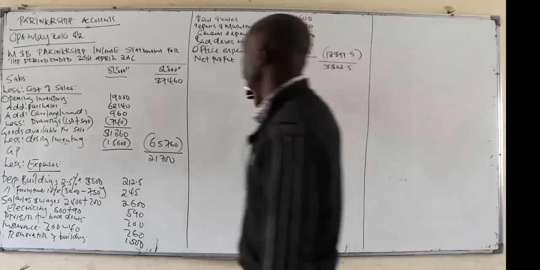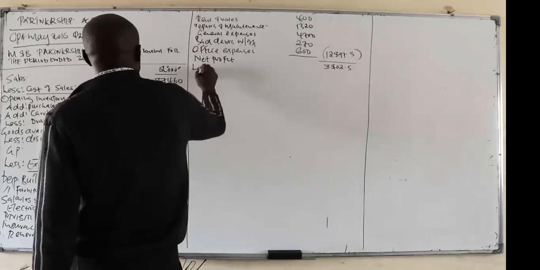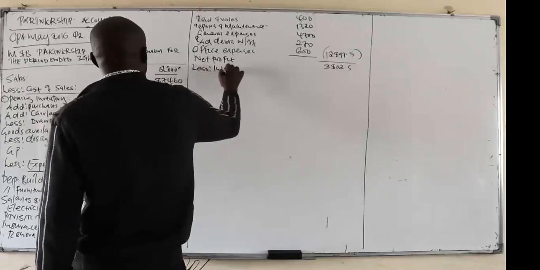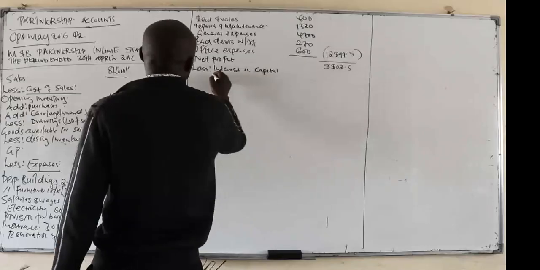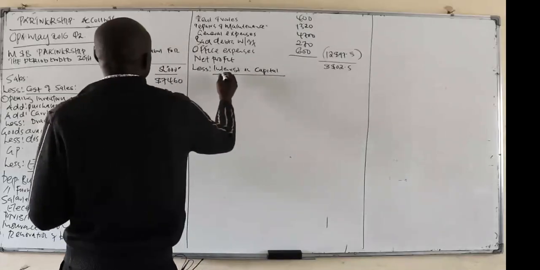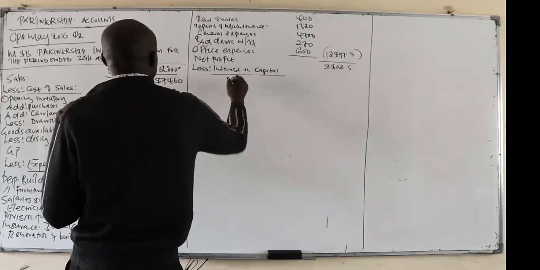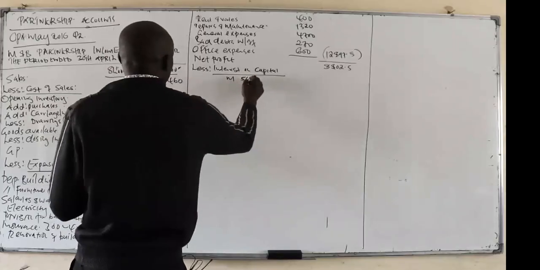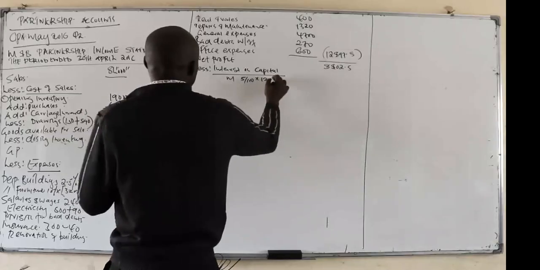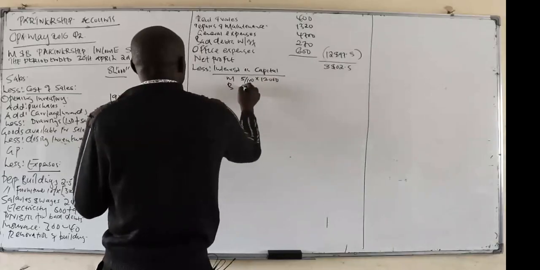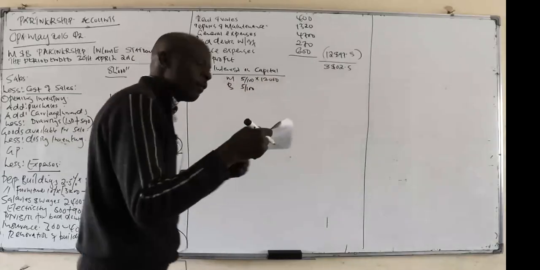So we less interest on capital. Who do we have? Maria, it is 5%, 5 over 100 times the capital of Maria, which is 12,000. Then we have Bakari, 5%. Where am I getting 5%?